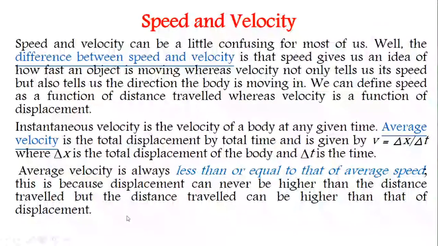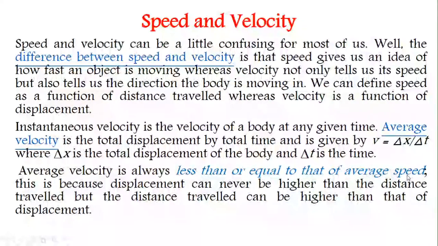The average velocity is always less than or equal to the average speed. Already I said distance is always more than the displacement, and with respect to this statement it is derived.